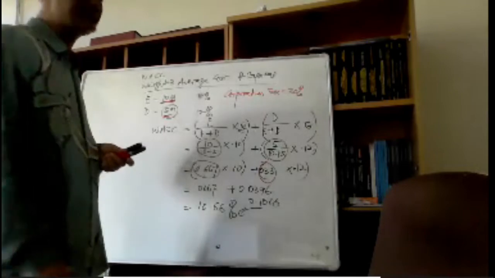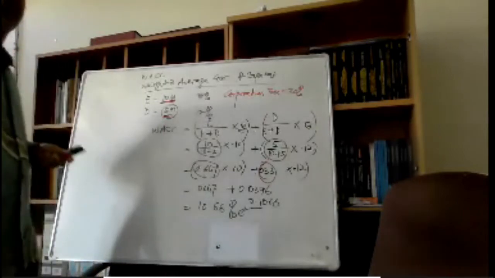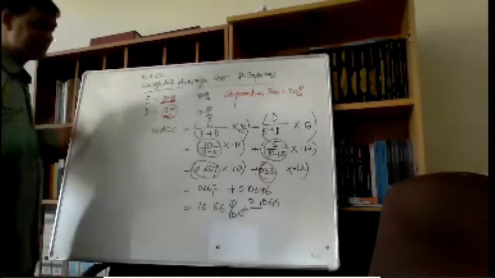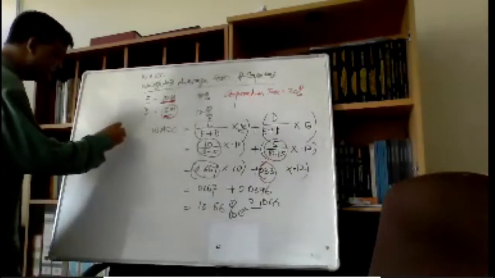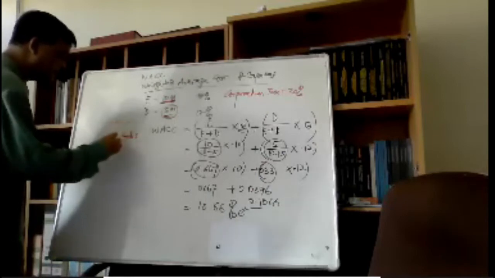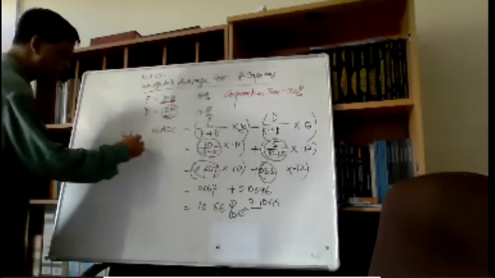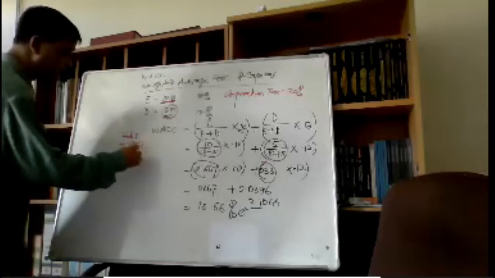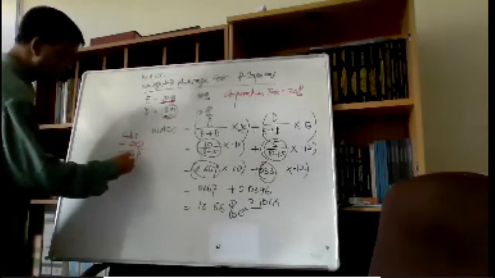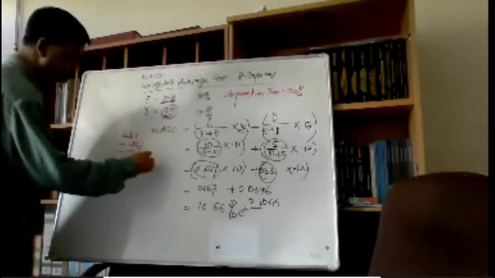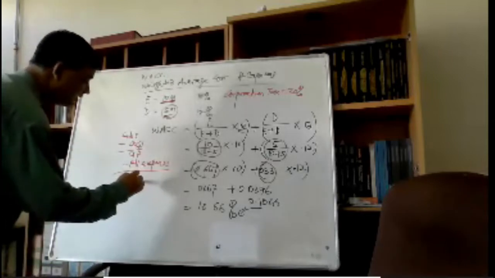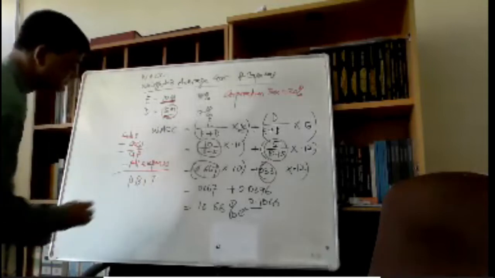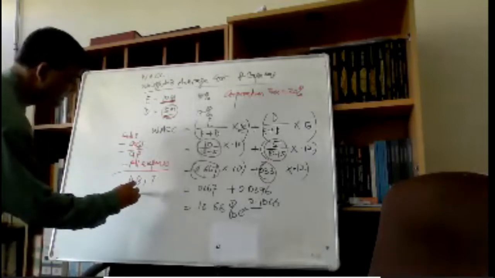I don't know. Okay, let us look at the profit and loss account, then you will understand. Let me go back to the basics and show you. The profit and loss account: sales minus cost of goods sold, you get gross profit, minus all expenses, you get profit before interest and taxes, minus interest payment.